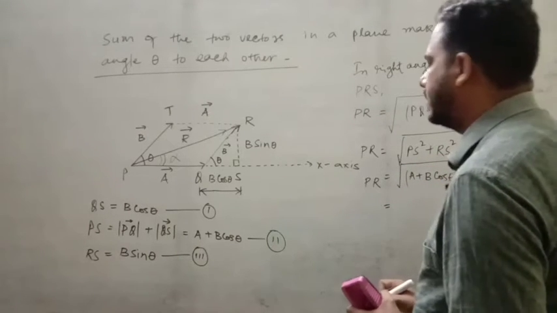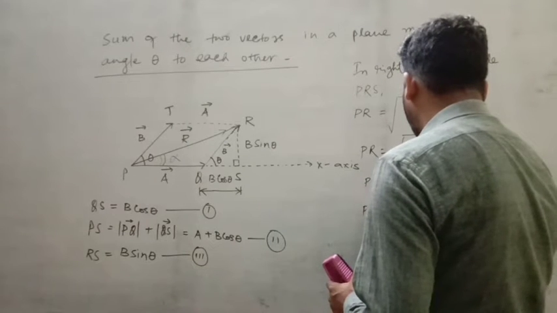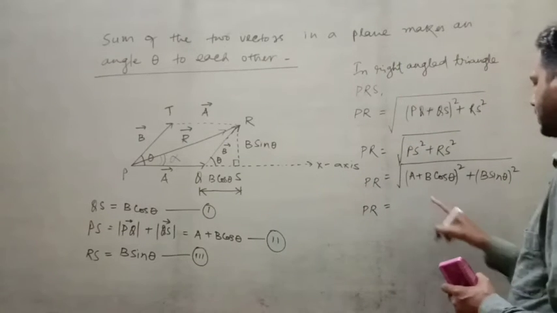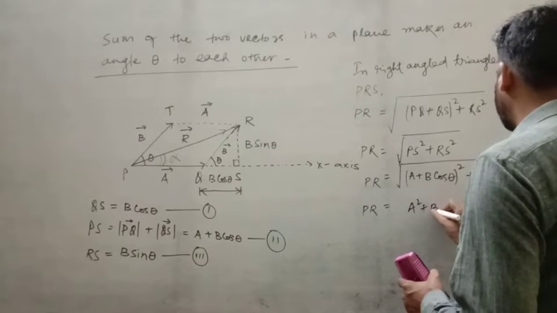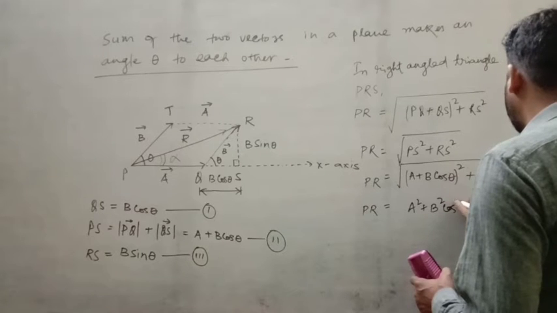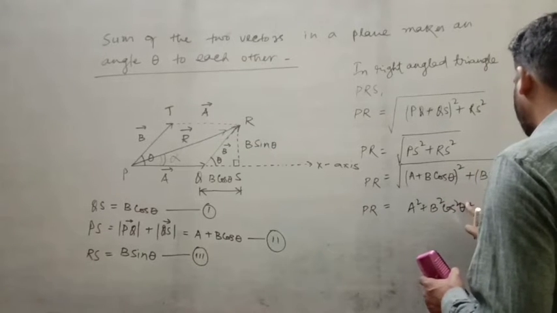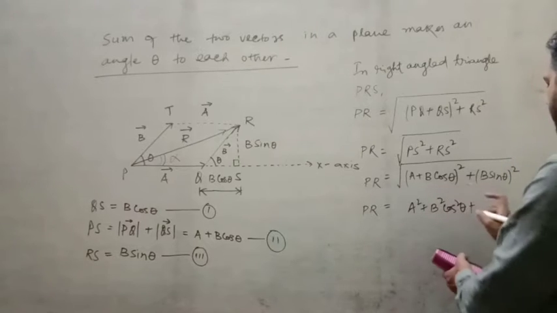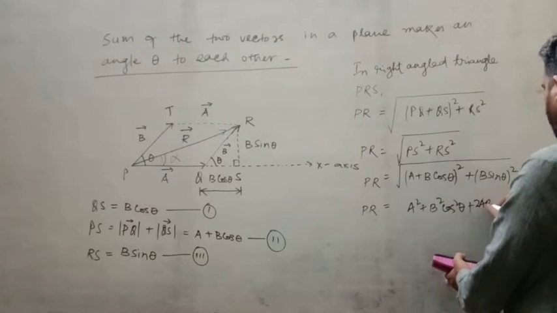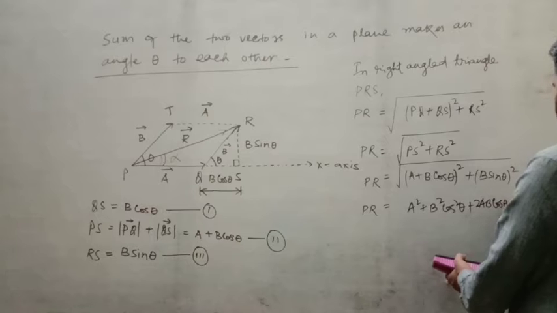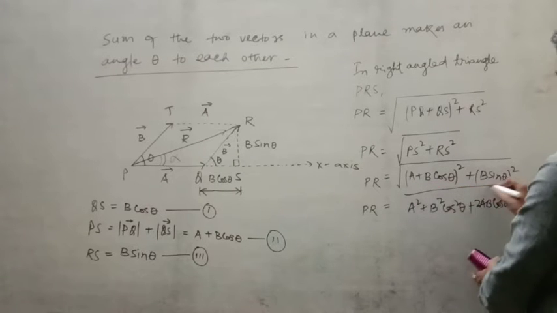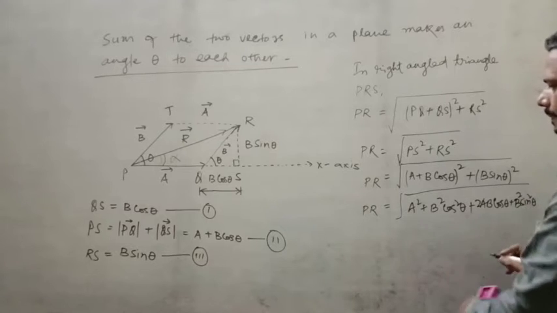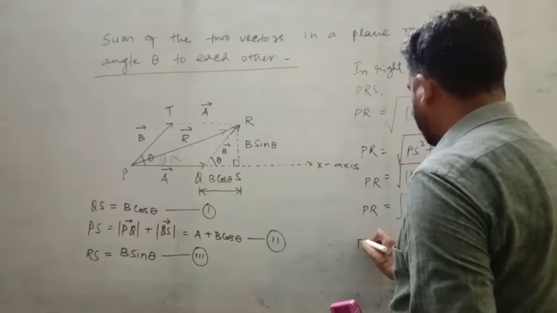So PR is how much? A plus B cos theta whole square is A square plus B square cos square theta plus 2AB cos theta, and plus B square sin square theta, all under the root.